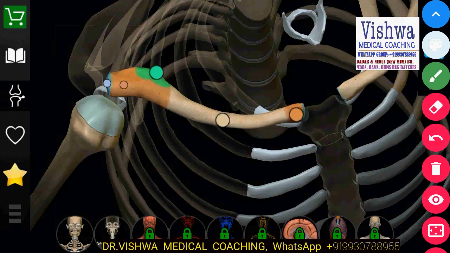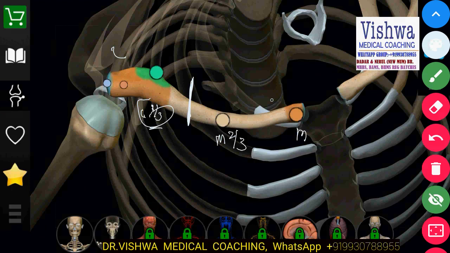Let's also talk about the other part of it. Let's say this becomes the medial end, this becomes the lateral end. It is an S shape, so we can also divide the clavicle into medial 2/3 and lateral 1/3.